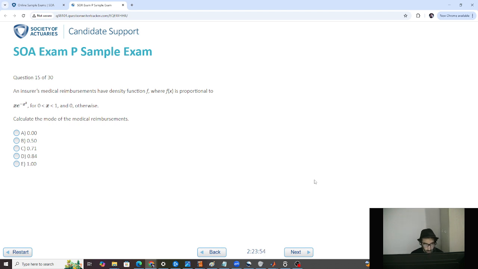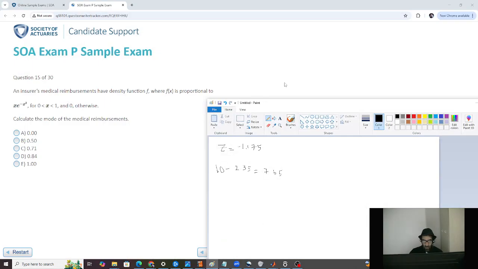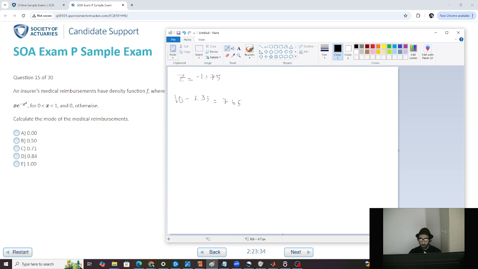Insurers' medical reimbursements have density function f of x, where f of x is proportional to this. Calculate the mode of medical reimbursements. Mode is where it's got maximum likelihood. So you're essentially looking for a critical point.